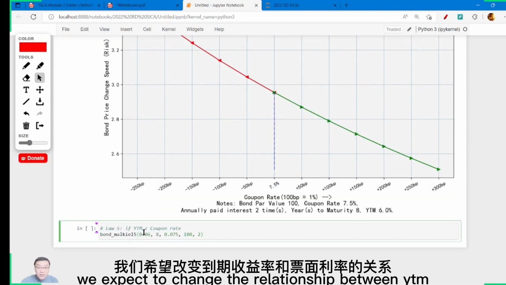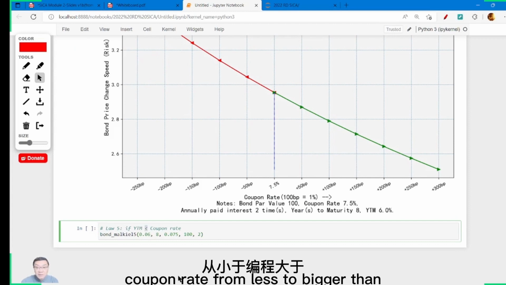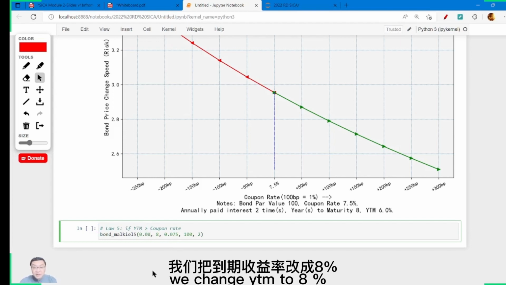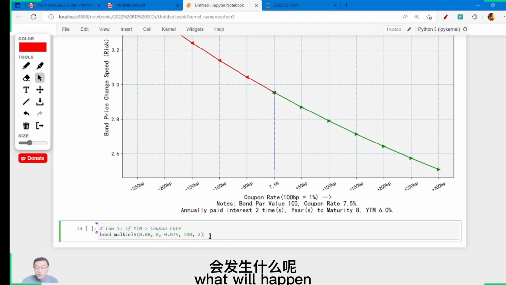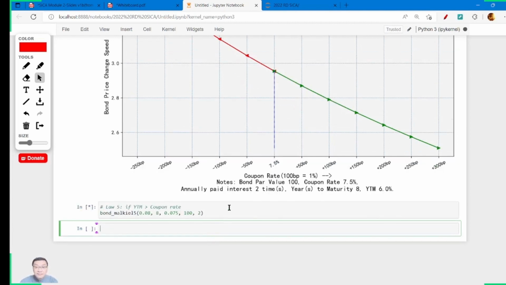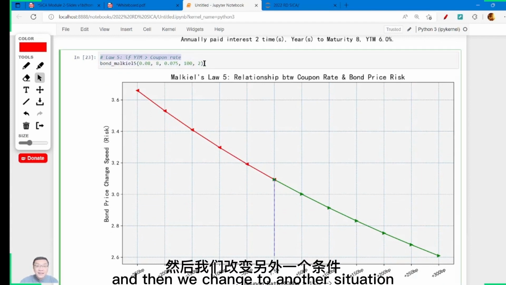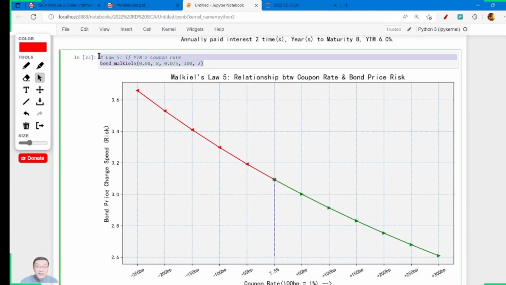We expect to change the relationship between YTM and coupon rate from less than to bigger than. How can we do that? We change YTM to 8%. What will happen? Not much changes, right? And then we change to another situation.